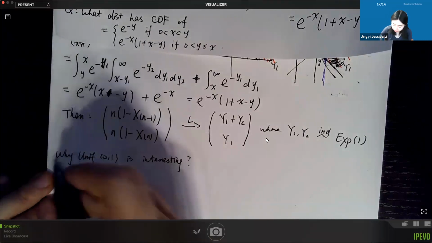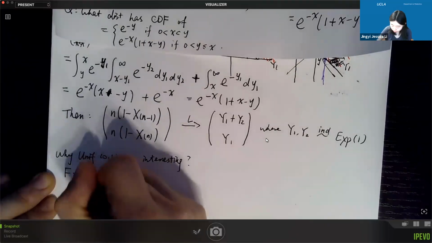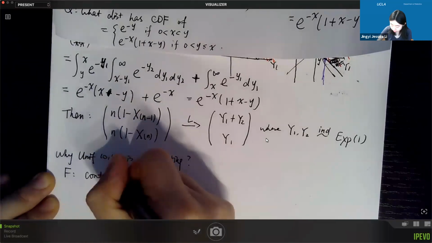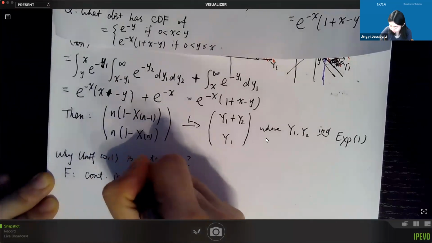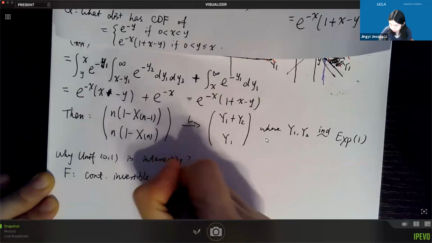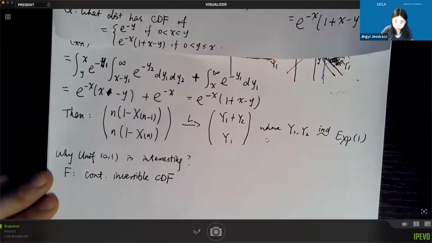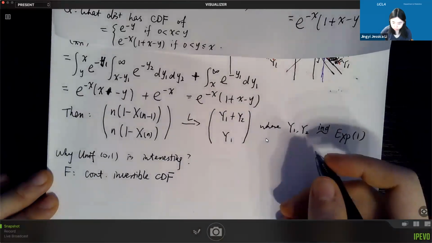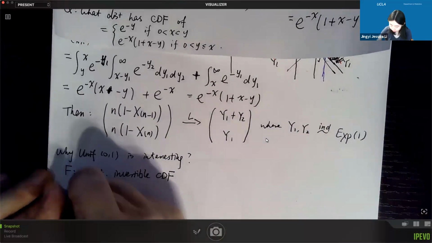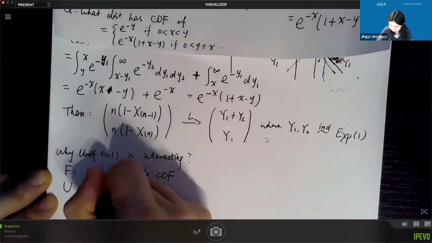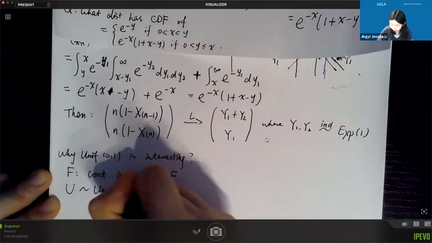Let F be a continuous and invertible CDF, and let U follow uniform 0 to 1.